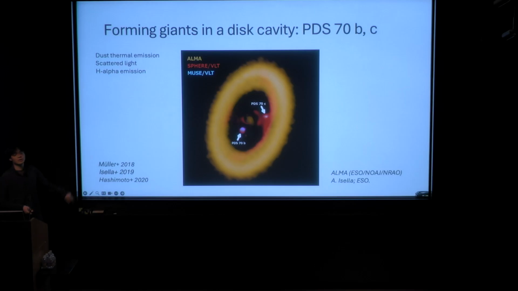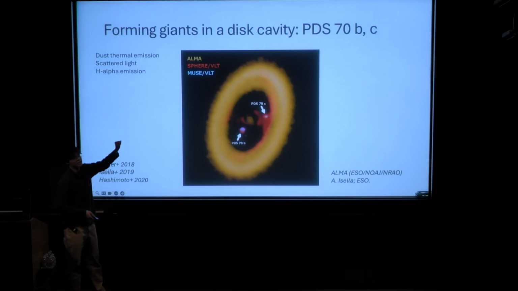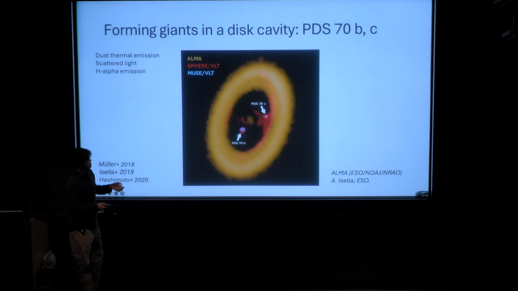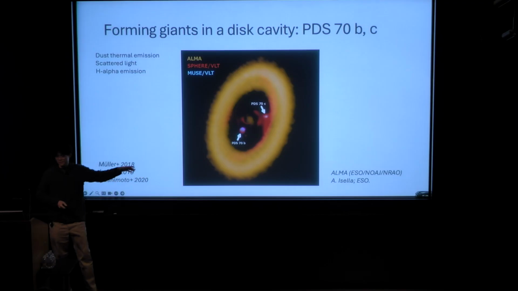This is a composite image including the dust emission, scattered light, and the H alpha emission, and all of them point to two blobs near the planet positions.